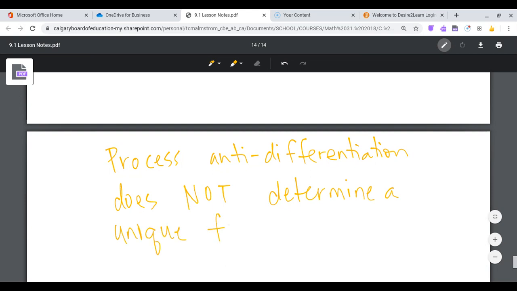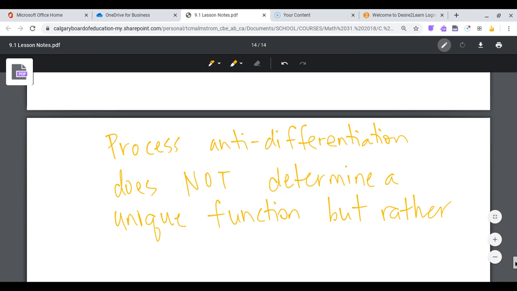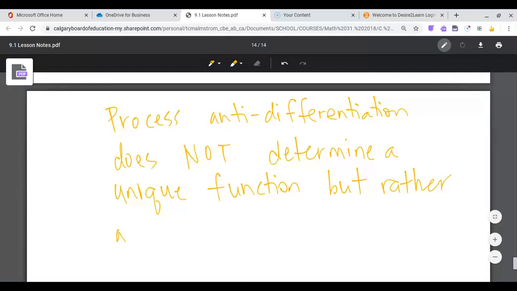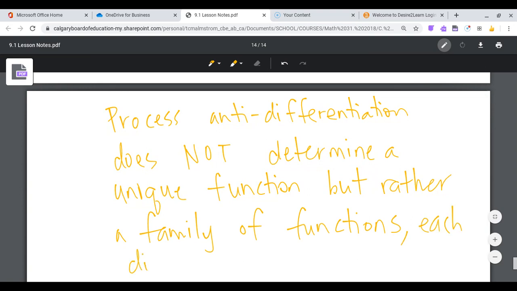It rather finds a family of functions, each differing from the others by a constant.